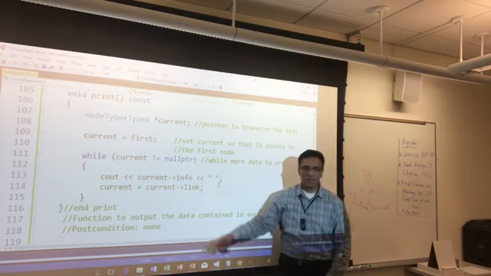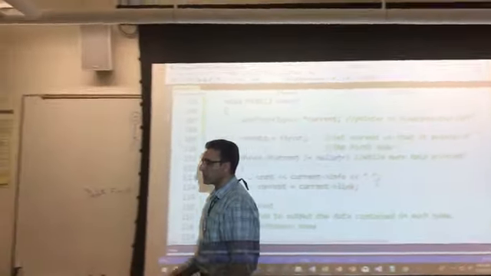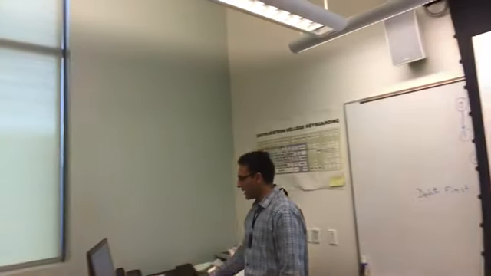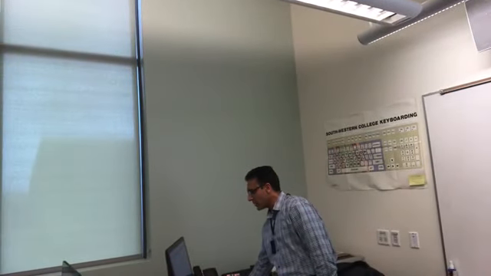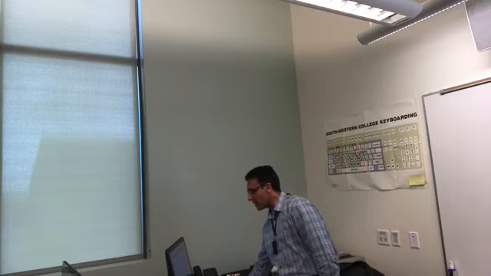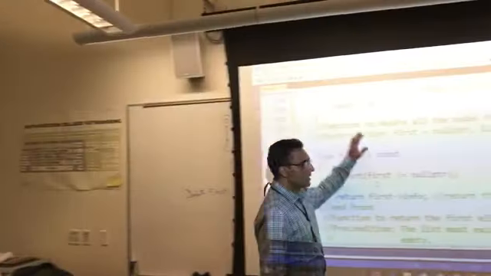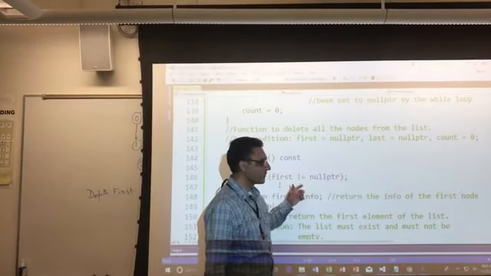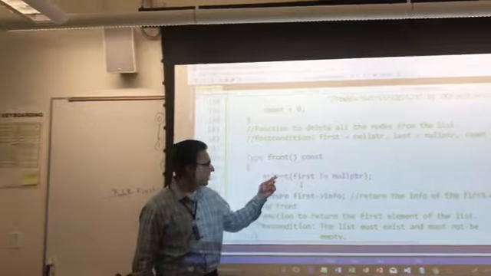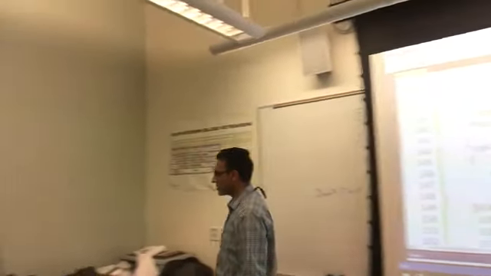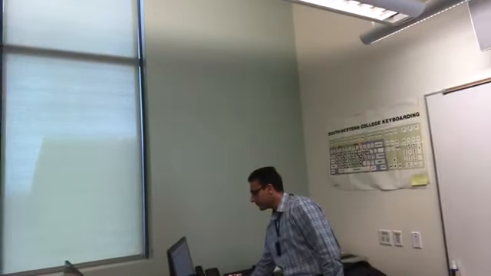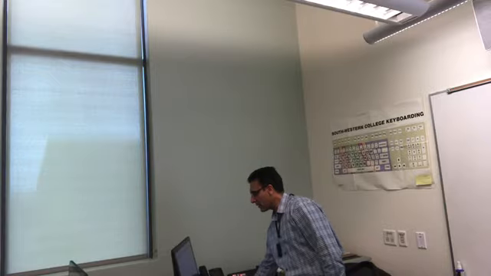We are just using this for our abstract data type implementation. So it checks the length, returns the length, destroys it, checks the first, the front of the linked list, and checks the back of the linked list.